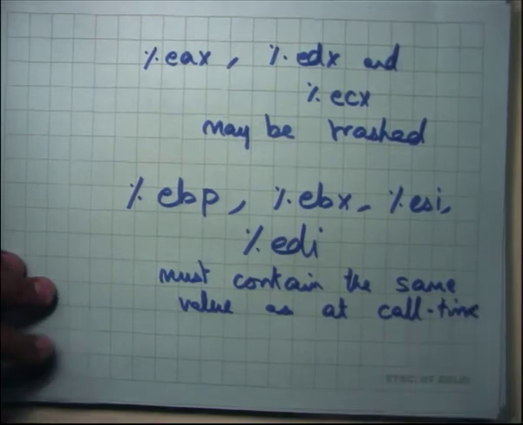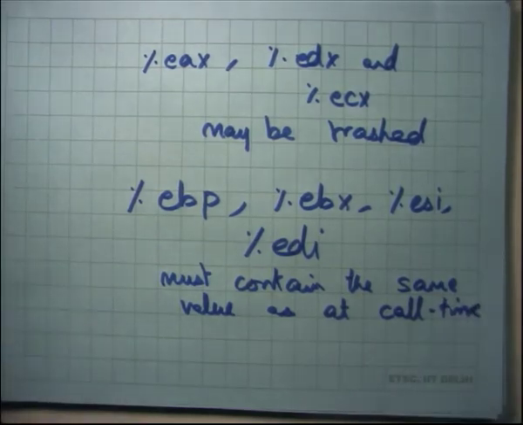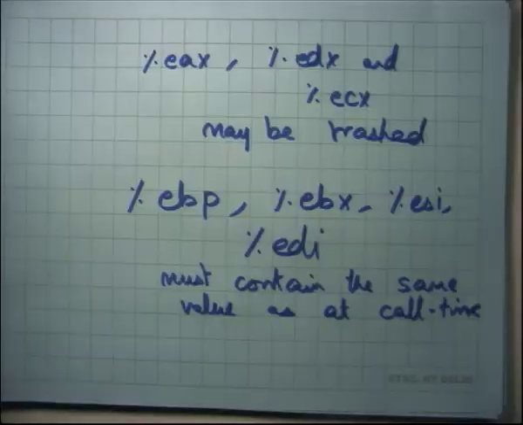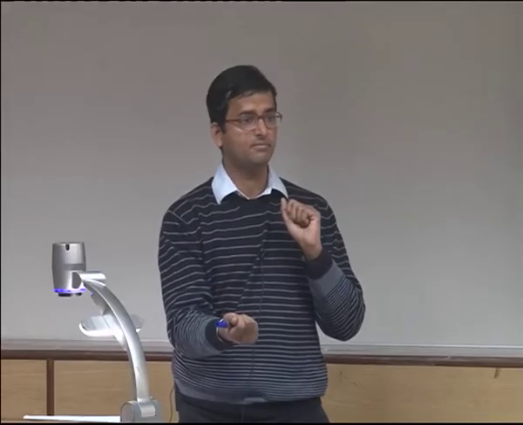So here's another convention which basically says certain registers are allowed to be overwritten by the callee, and certain registers must have exactly the same value as at call time.